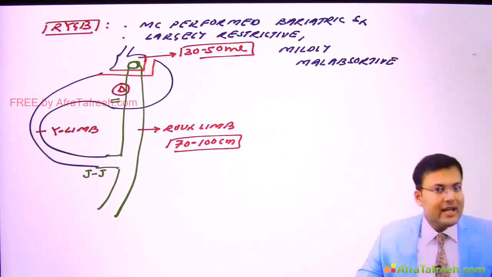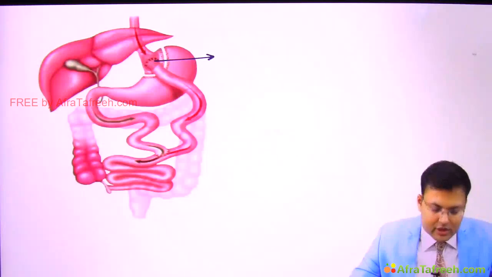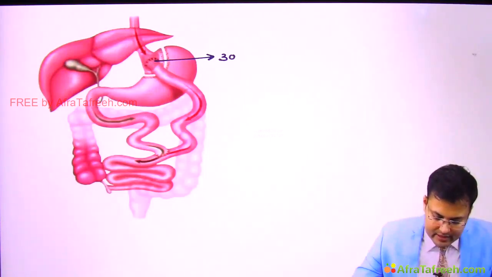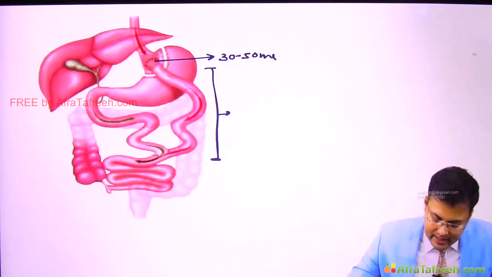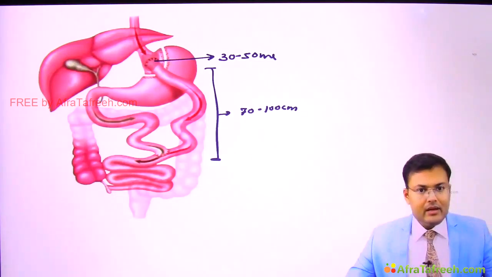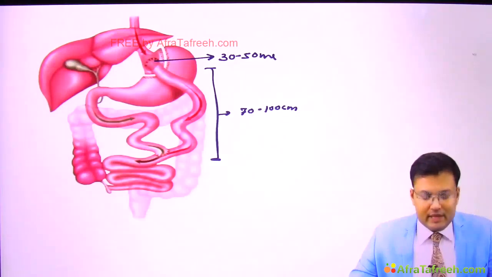Clear? So see the diagrammatic representation. You can see this is how it looks. This is the proximal gastric pouch, and the content is 30 to 50 ml. This is the length of jejunum and Roux limb, and this is 70 to 100 centimeter. It is variable, right?